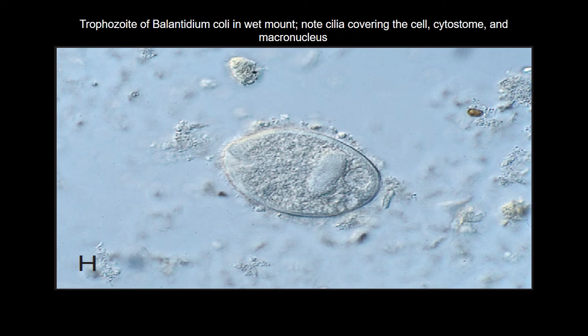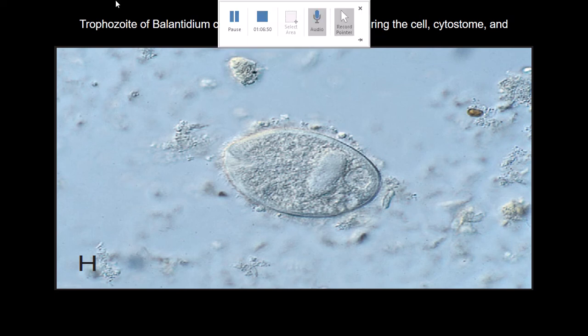And sometimes you can see a macronucleus and micronucleus, and this is very important. You can see those in the cyst stage or the trophozoite stage of Balantidium coli. Remember that. And the disease, we call it balantidiasis.